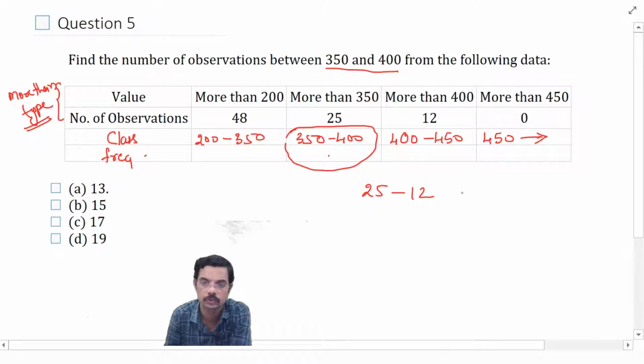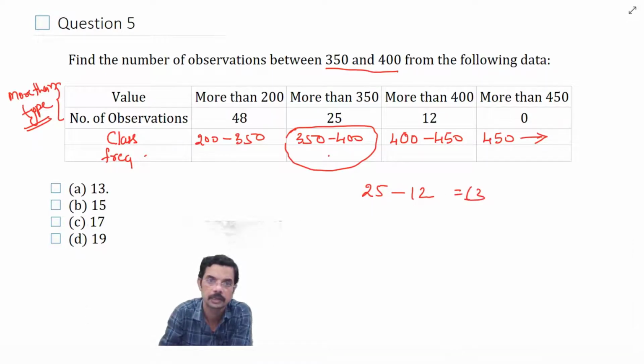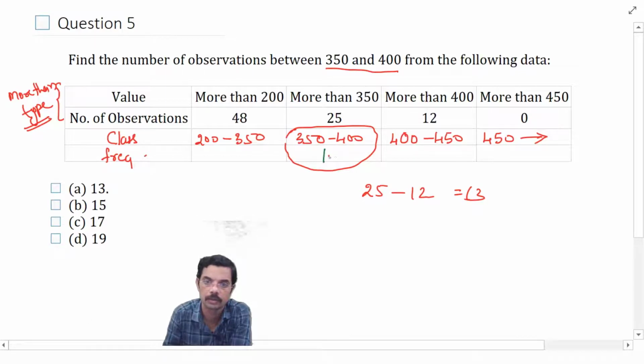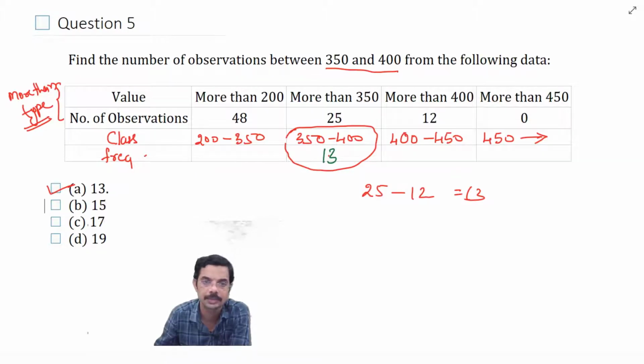So 25 minus 12 will give you 13, and therefore in this place we will be writing 13. This is the frequency corresponding to this class. So your answer is 13.